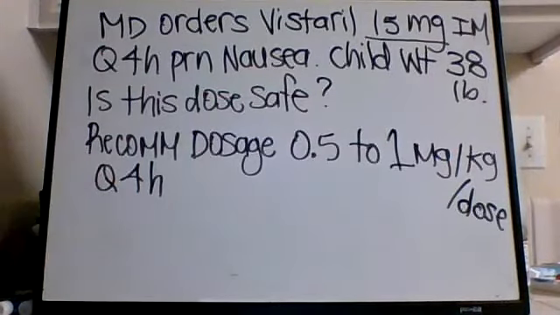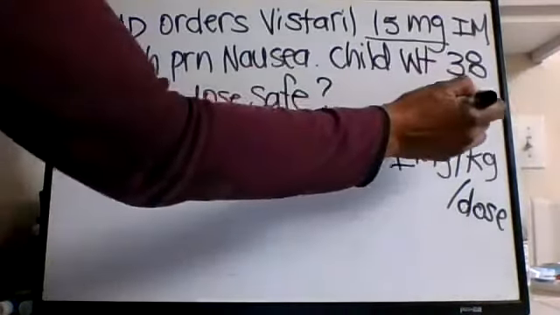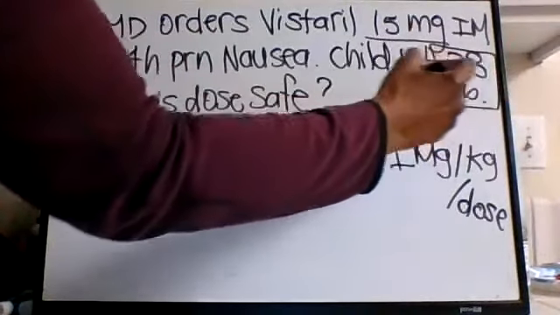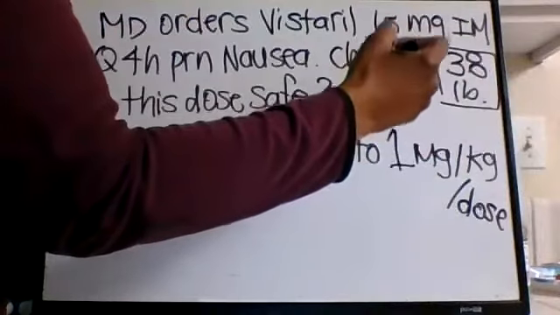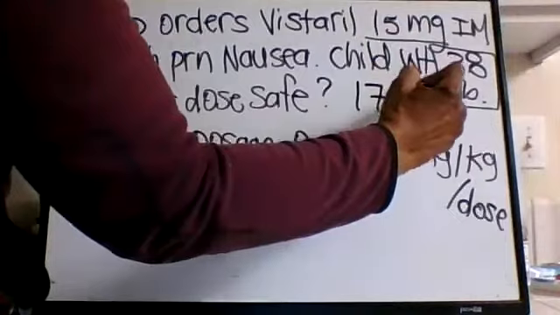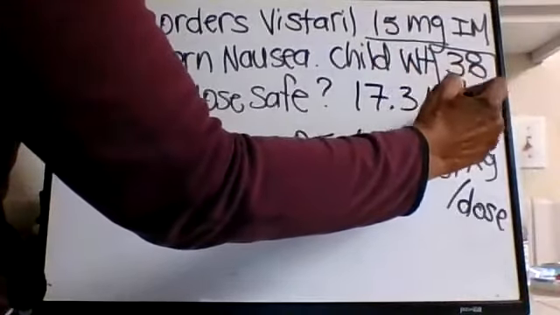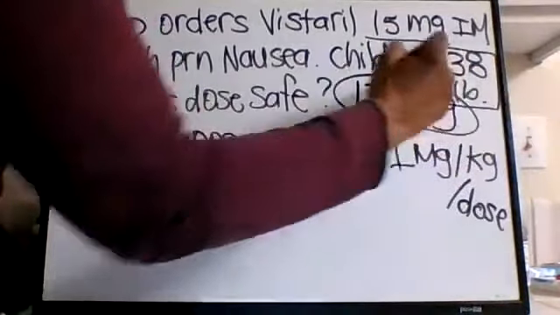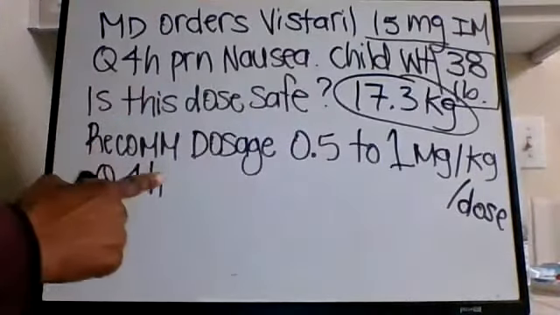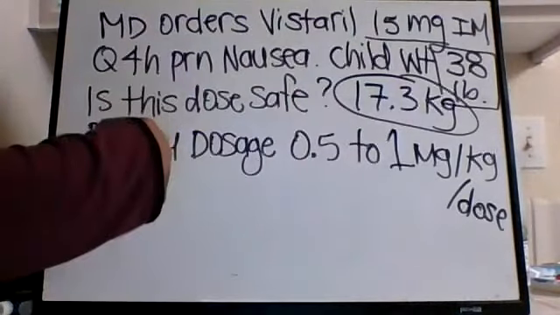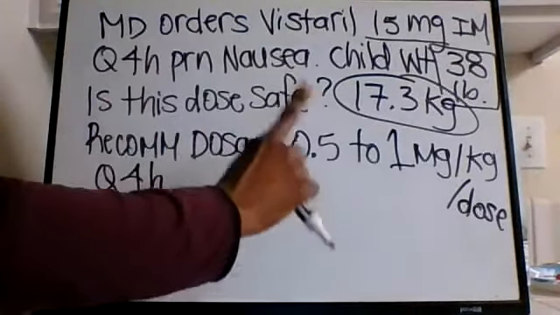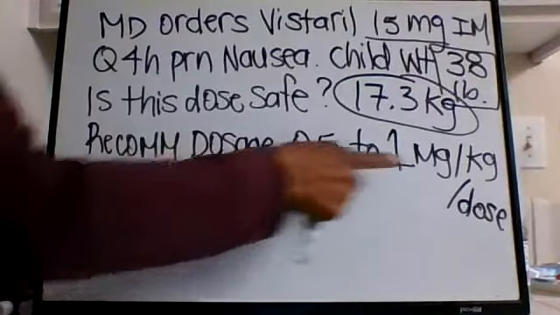So what's the first step? Remember, we have to convert the child's weight to kilograms. We take our 38, divide it by 2.2, and that gives us 17.3 kilograms. So here's our weight in kilograms. That's step 1. Now, step 2: remember the first problem gave us just one recommended dosage. Now this is a recommended range.